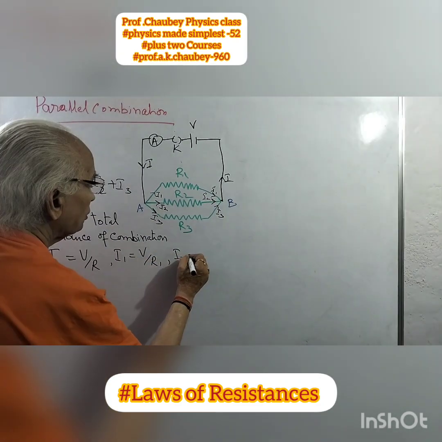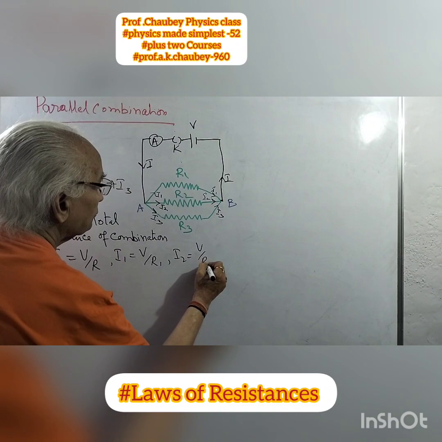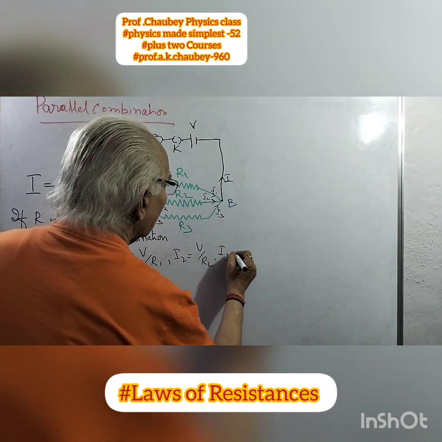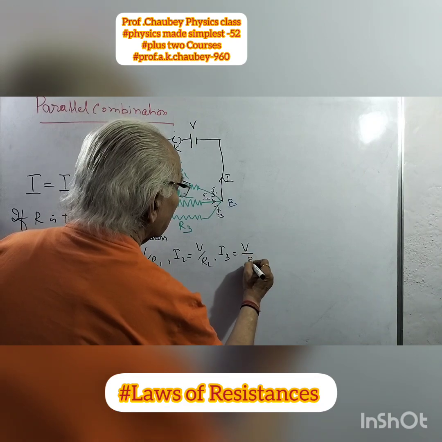I2 is equal to V over R2. And I3 is equal to V over R3.